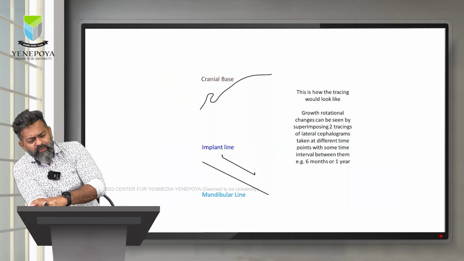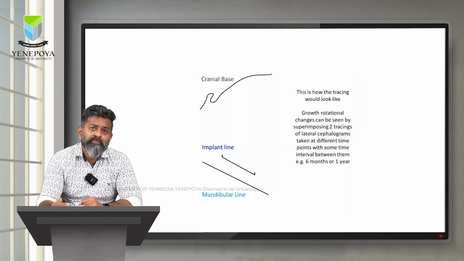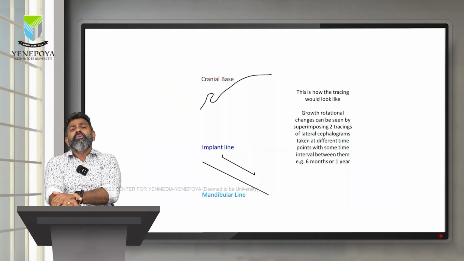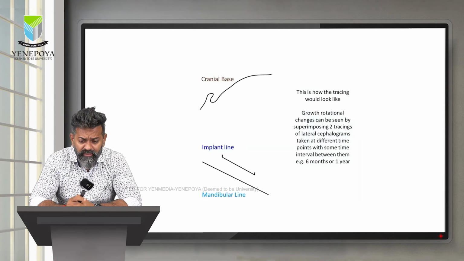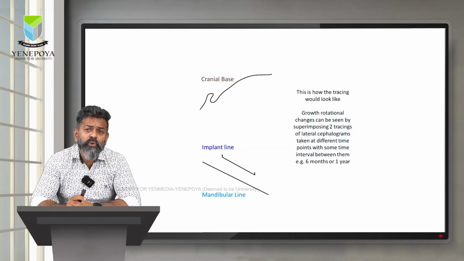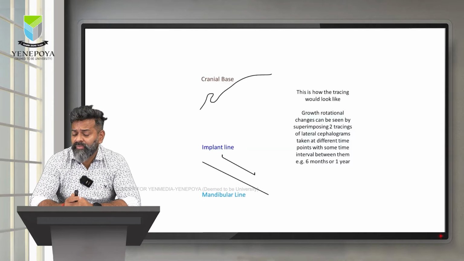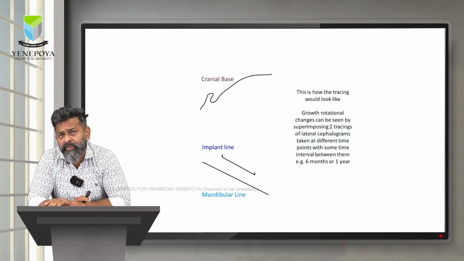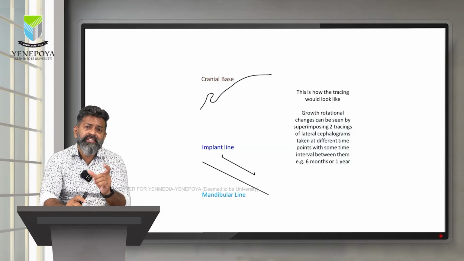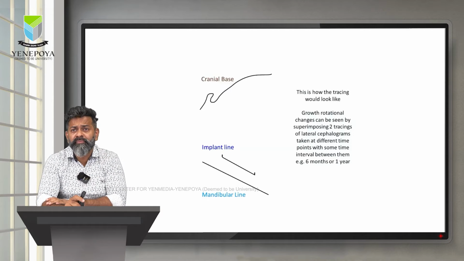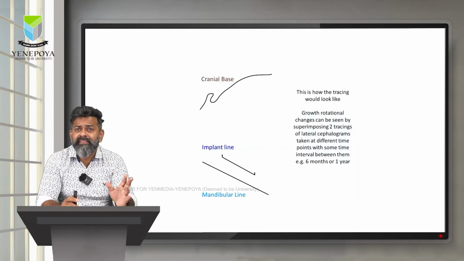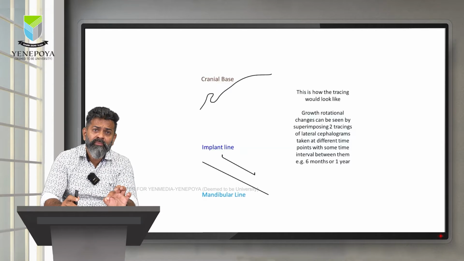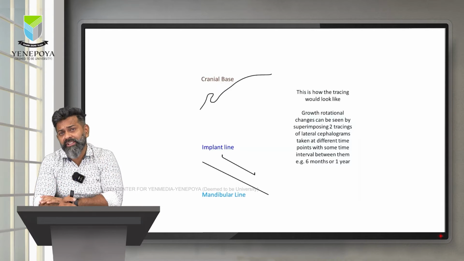Now let us see what the jaw rotations are, because to know anything about autorotation, it is very wise to know what the rotations of the jaws are. In the early 50s, Bjork made some studies. He traced radiographs and used implants to know where exactly the rotation takes place.